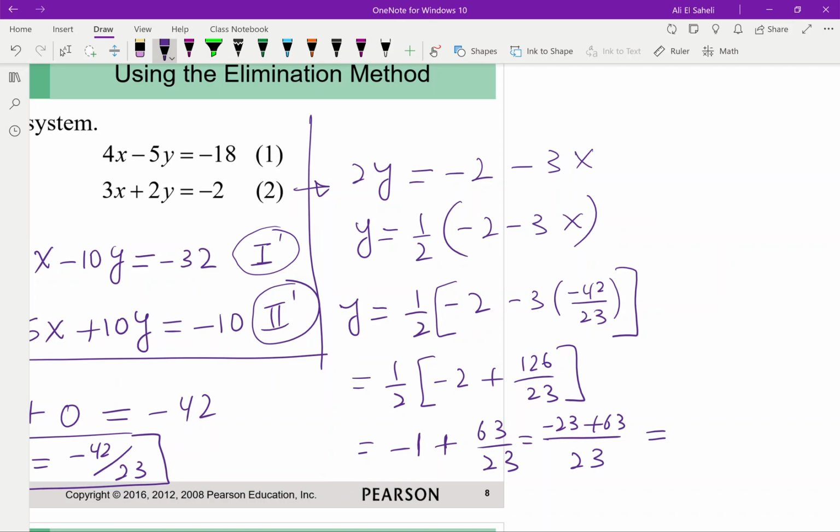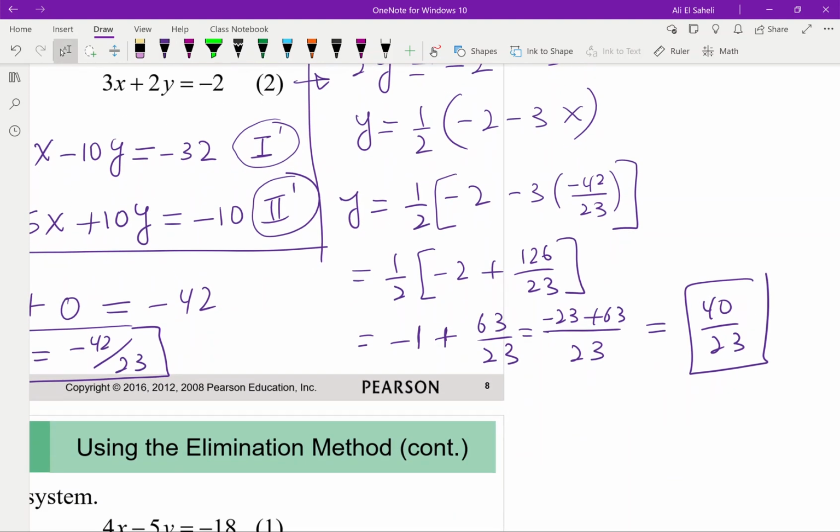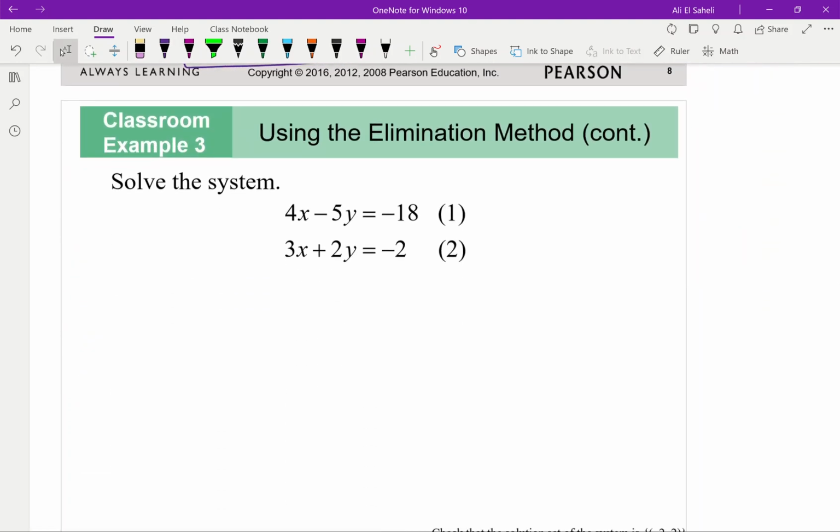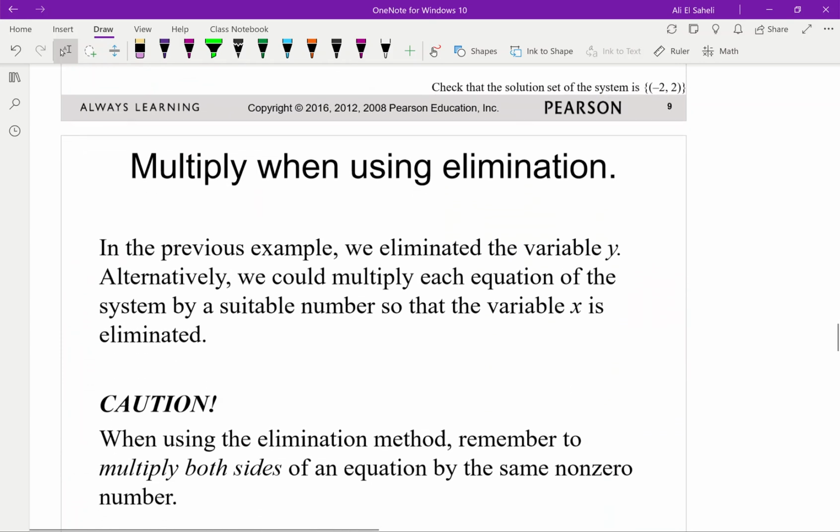So this is 40 over 23. So the ordered pair is x is minus 42 over 23 and y is 40 over 23, and that's our solution. Okay, so I already did that.